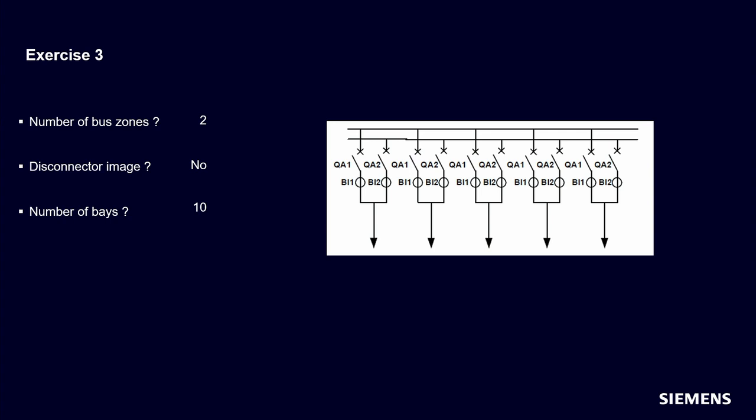So from the customer's point of view, two bays will be combined into only 1 bay, but for our busbar protection, we need really 10 bays. Number of CDs, okay, that's easy. These are 10 current transformers, 10 measuring points.